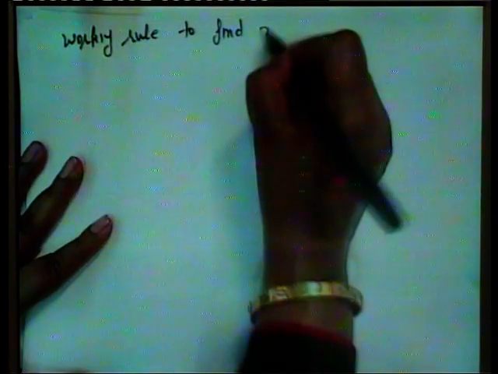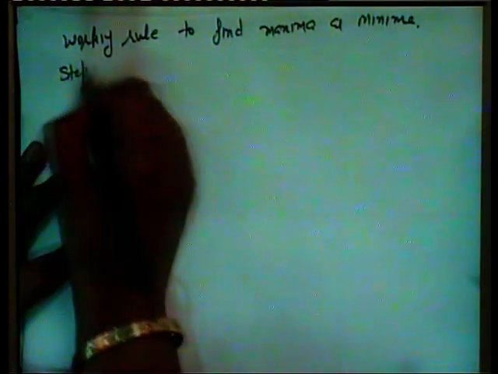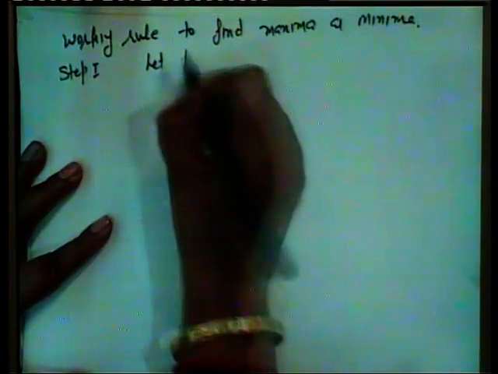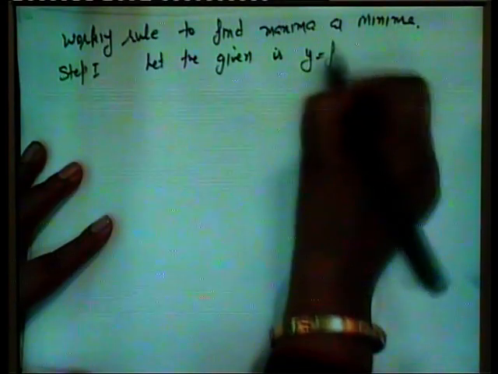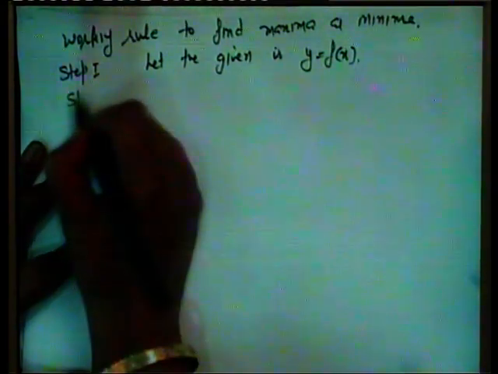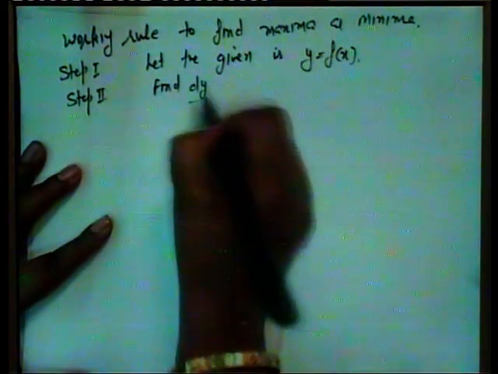Now, we will discuss the working rule to find maxima and minima. Step 1, let the given function be y is equal to f(x). Step 2, find dy by dx and put it equal to 0.